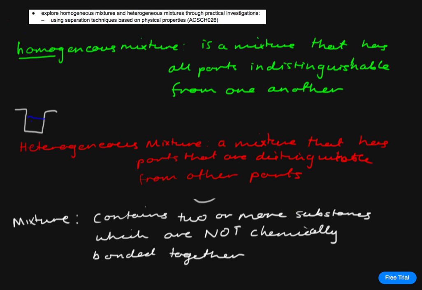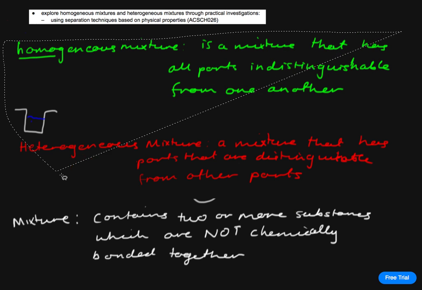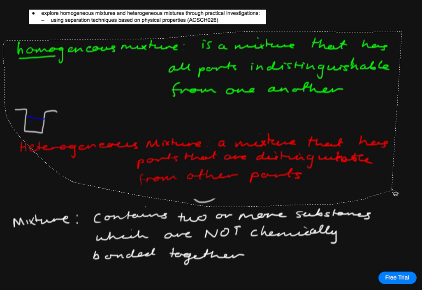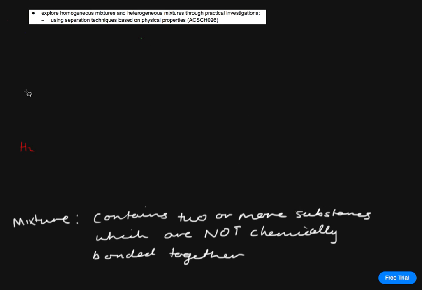Okay, let's make ourselves a little bit of space. There are lots of techniques for separating both these types of mixtures. What we'll do is look at physical separation techniques.